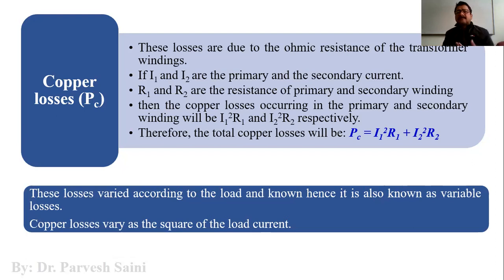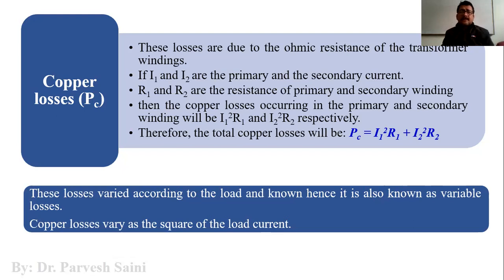If there is a transformer somewhere in your colony distributing electricity to your houses, half of the houses may have the load off, half on, and all of a sudden some more houses turn their load on or off. In this way the load across the secondary of the transformer keeps on varying.